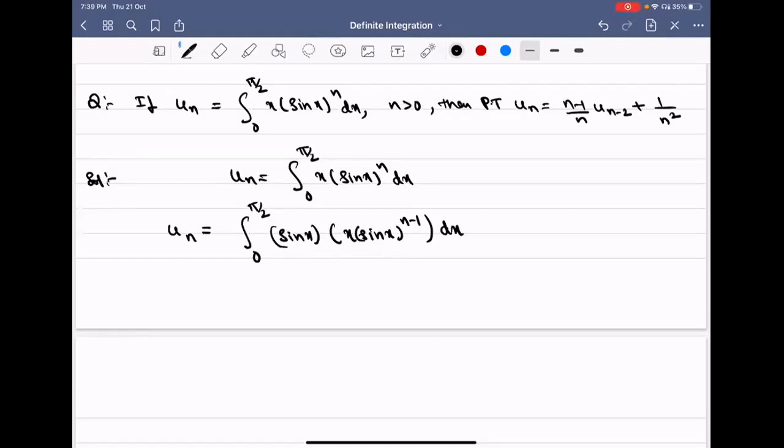Now use integration by parts. You consider x sin x power n minus 1 as the first function and sin x as the second function.